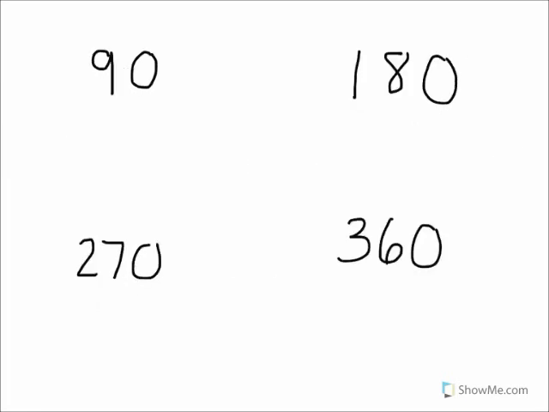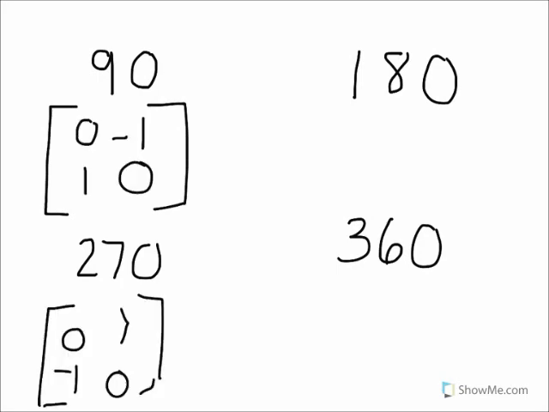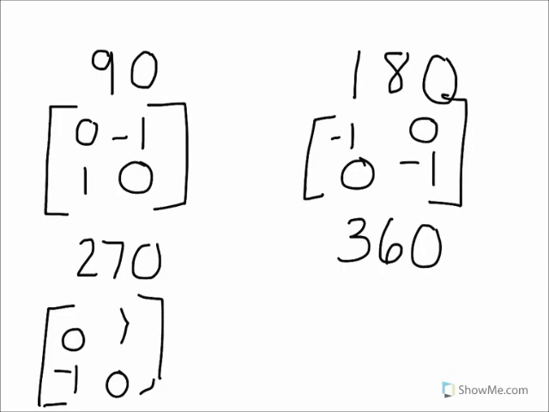For the next part of the lesson, we will learn how to rotate a point using matrices. Okay, so for this part, these rules right here, these matrices, you would multiply a point by in order to get the point that is rotated by the degrees that are listed above.